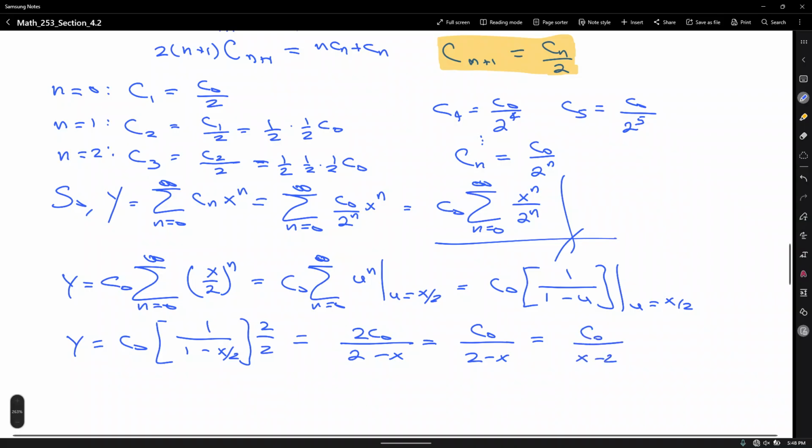Why is that? Because what if we multiply numerator and denominator by -1 to reverse the order of the terms in the denominator? Well, the multiplication in the numerator by c sub 0 with the negative 1 is still going to be c sub 0 by absorption, isn't it? And yeah, that's the answer.